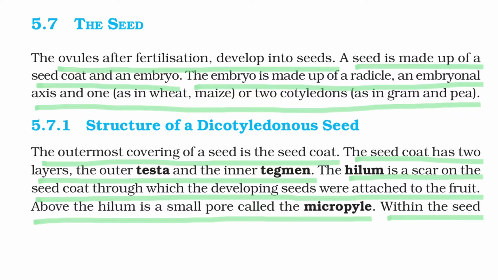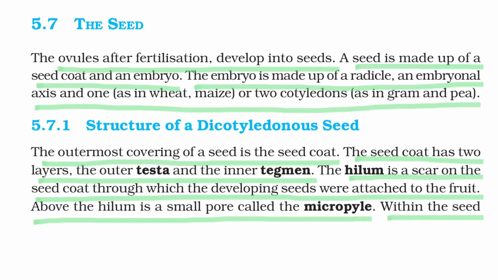The most common example is leguminous seeds like bean seed and gram seed. This diagram in our book is regarding gram seed. If we see the structure of this dicot seed, the outermost covering of the seed is known as seed coat, but there are two layers.